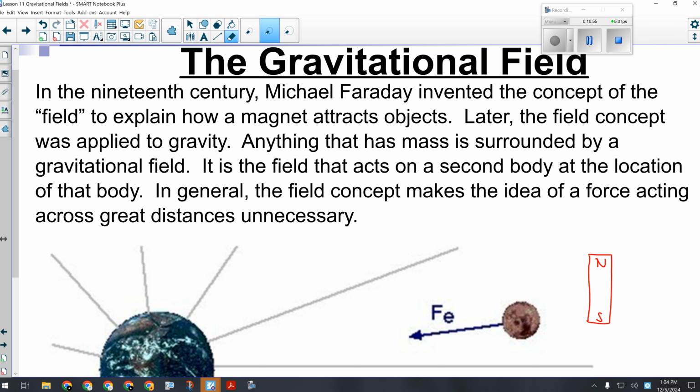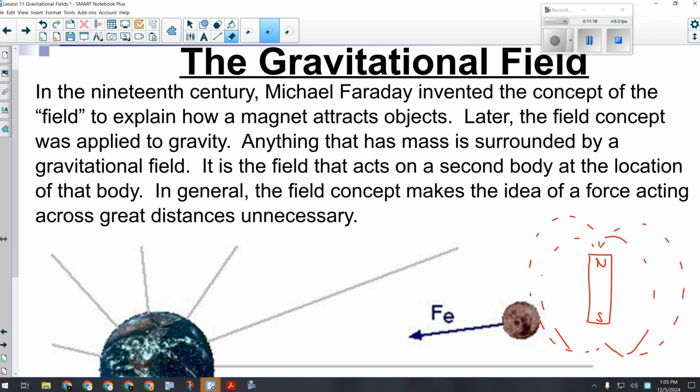And even gravity has field lines. But essentially, you get all of the filings working along these fields here, along these lines of influence. And that's what the Earth's magnetic field also looks like. So gravity works the same. Anything caught or near the Earth is going to be influenced by the Earth's gravitational field.